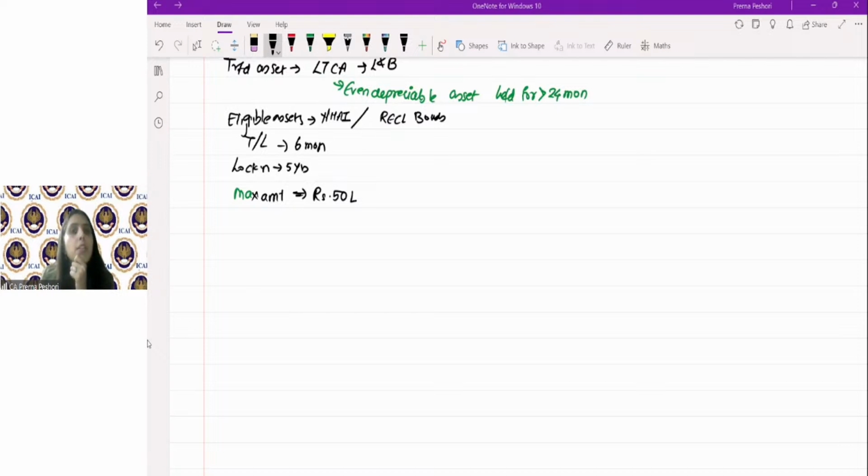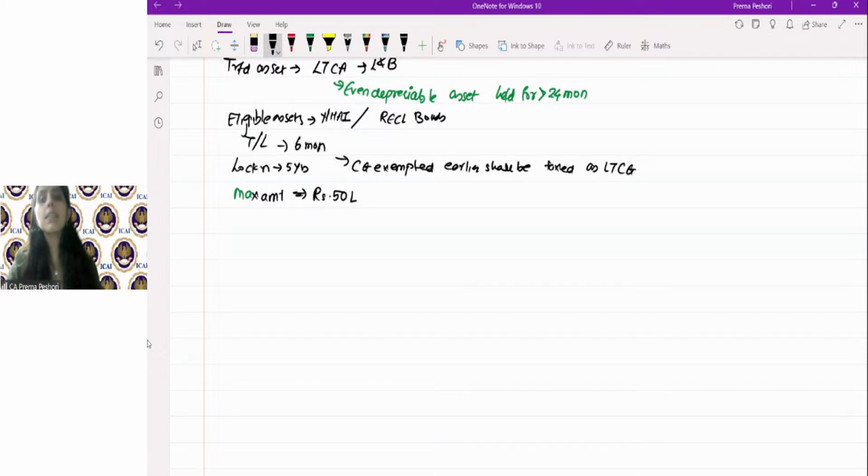And in case before the lock-in you sell your bonds before the expiry of 5 years, then the capital gain exempted earlier shall be taxed as long-term capital gain. In 54, 54B, 54D, your cost of acquisition was to be reduced with the exempted capital gain amount. Here, your capital gain exempted earlier shall be taxed as long-term capital gain. Entirely, it shall be taxed as long-term capital gain.